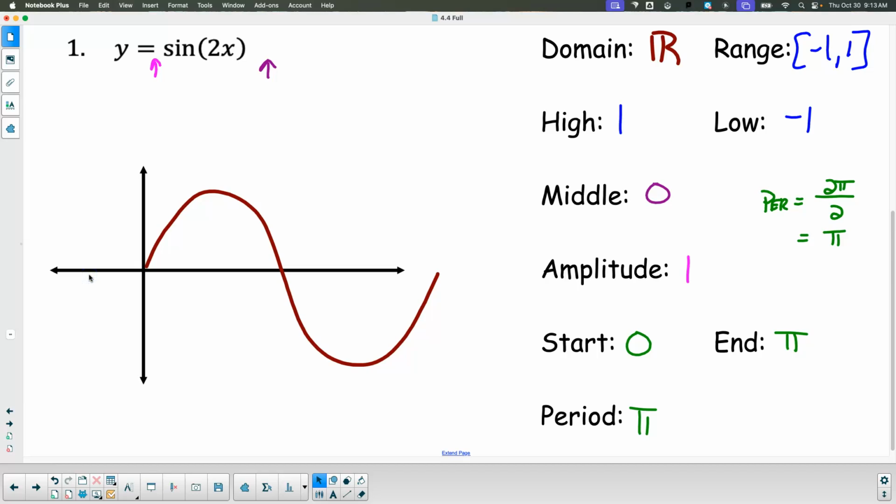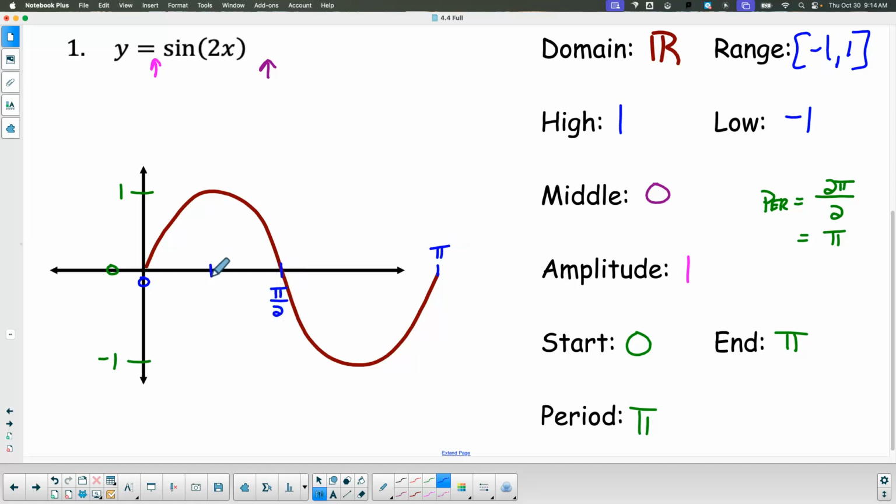Agree? Vertically, we went all the way up to 1. The middle was 0. We went all the way down to -1. Would you agree with that? Horizontally, we started at 0. We ended at pi. Agree with me on that? Which means halfway would be pi over 2.